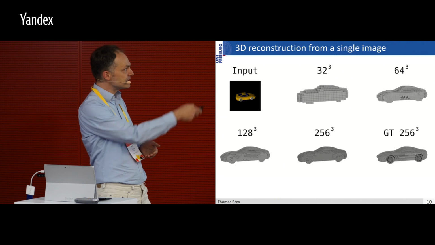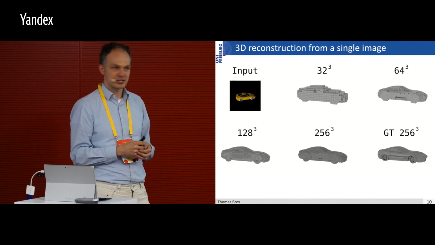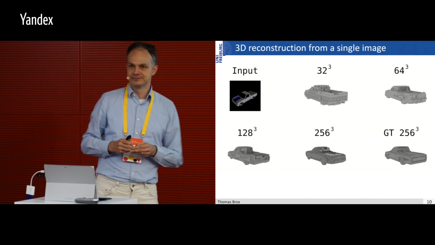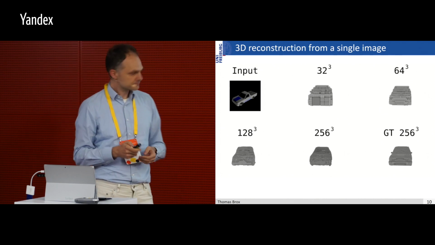So you can really see how much you get from your training data and your prediction algorithm, and you're no longer bound by the resolution of your voxel grid. Here you see the ground truth car.